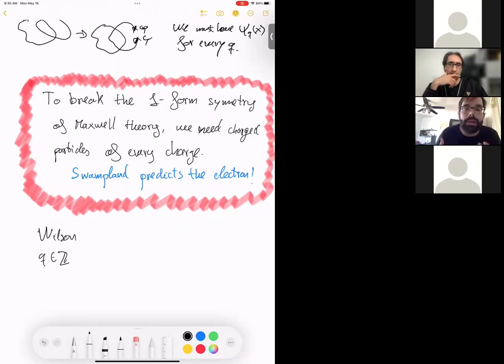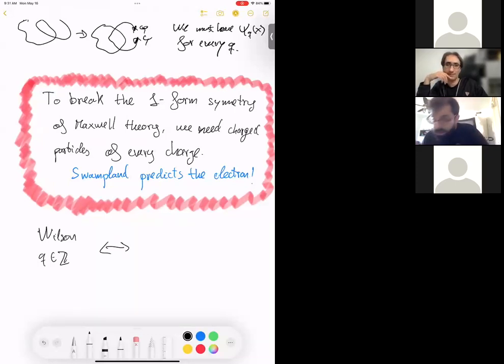Now, why do particles need to have quantized charges? Well, in the real world, particles have quantized charges because of Dirac quantization. If there is a monopole in the spectrum, there has to be a relative quantization condition between the magnetic charge and the electric charge to avoid inconsistency.